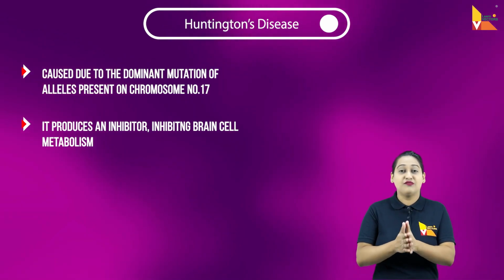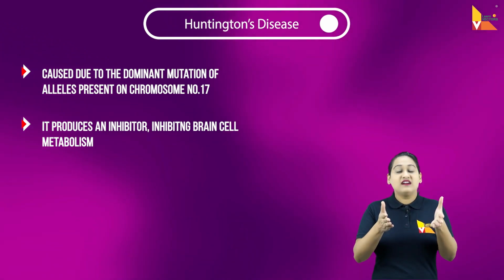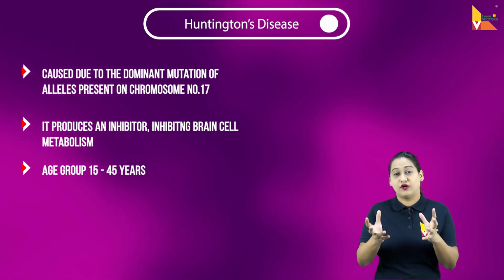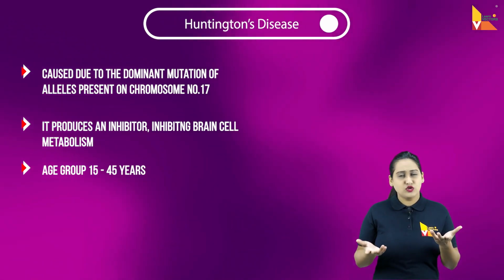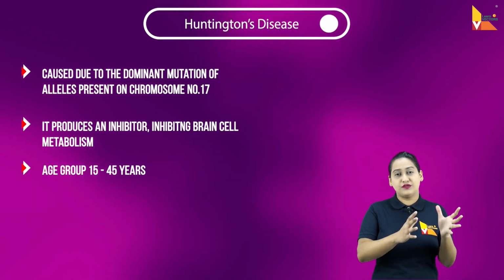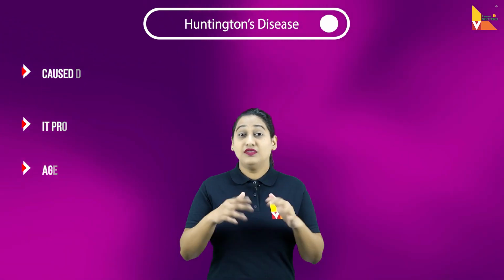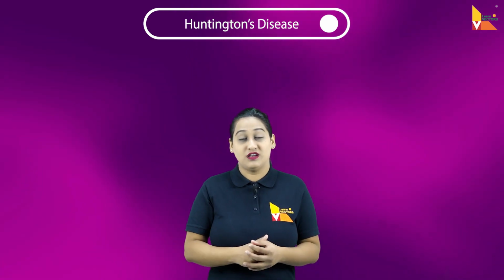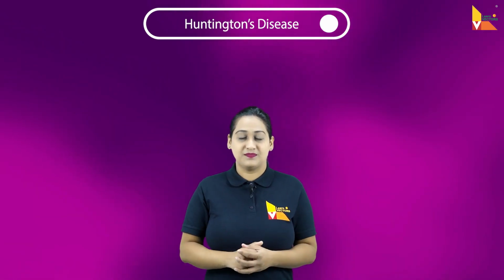People suffering from Huntington's disease are mostly in the age group of 15 to 45. It is also seen in older people, but mostly it is seen at the age of 15 to 45. Now, what are the symptoms which are seen in people suffering from Huntington's disease?